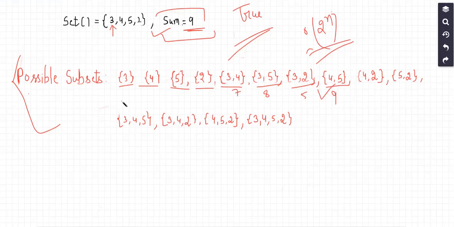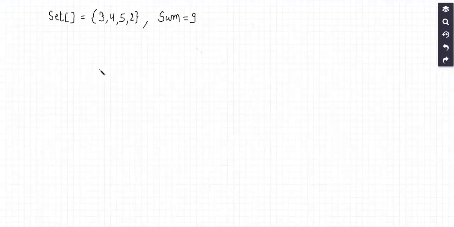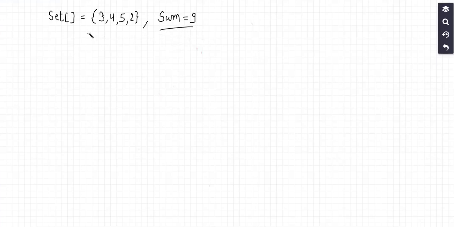Let's just think of the solution here. Okay, so this is a test case. Let's try to build a naive or brute force solution for this problem. We have this target sum and we have this array.